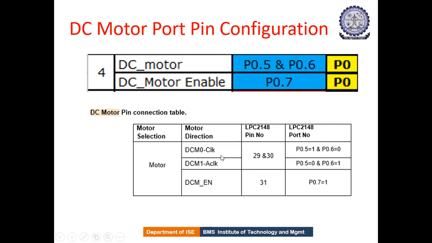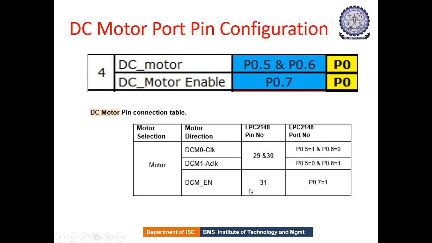So when you see in this table, for clockwise direction we are using bit 5, and for anti-clockwise direction we are using bit 6. That means during clockwise rotation bit 5 is enabled as 1, and during anti-clockwise rotation bit 6 is enabled as 1. So that's how we are performing the clockwise and anti-clockwise rotation.